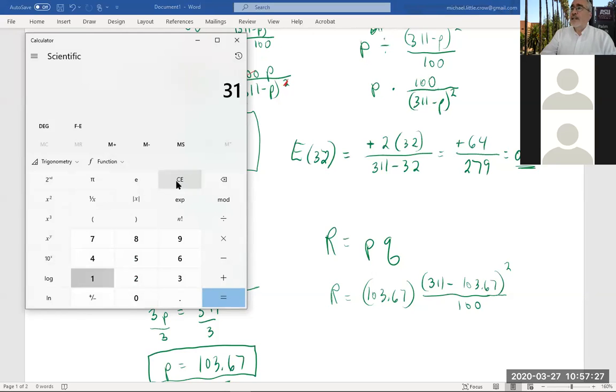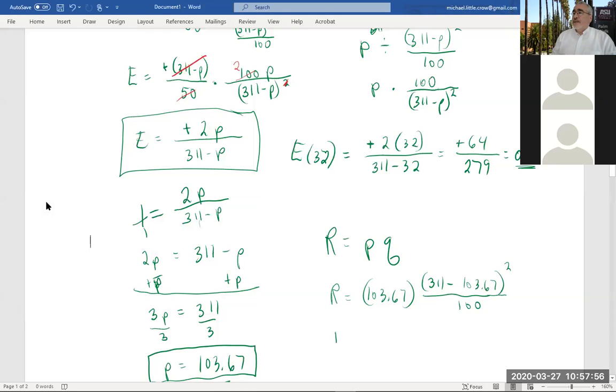So let's go 311 minus 103.67. We want to square it, and then divide that by 100, and then multiply that by 103.67.